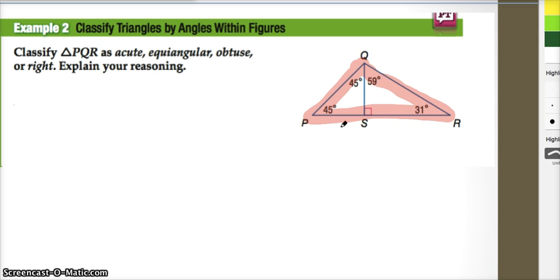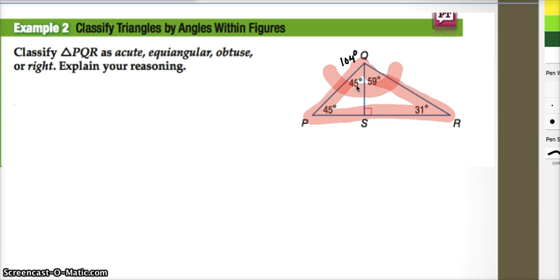I look at each of the angles, and at a quick glance it looks like all of the angles are less than 90 degrees, but P is one angle, R is another angle, and Q is a whole other angle. Breaking it down looks a little tricky, but if we pay attention, we see that 45 plus 59 is definitely greater than 90 degrees.